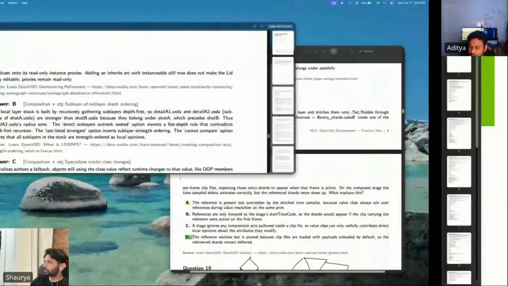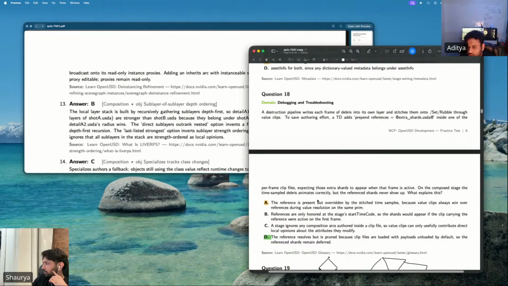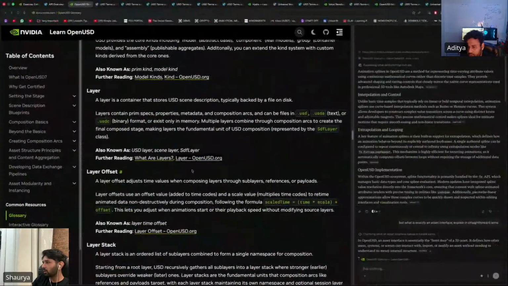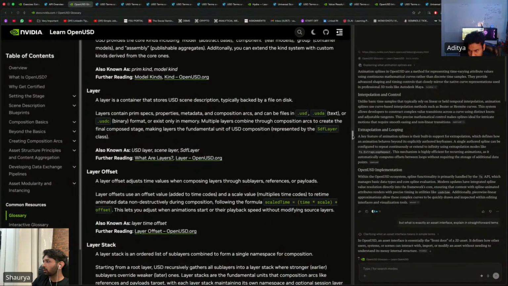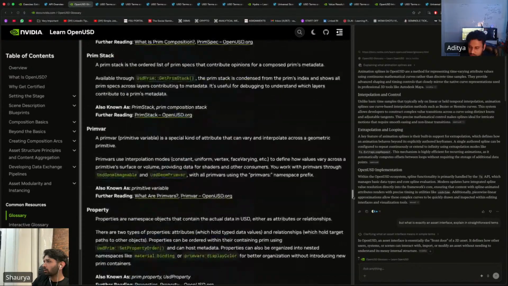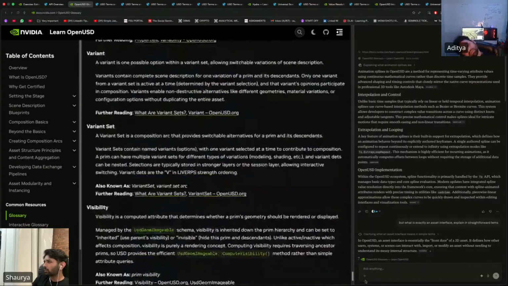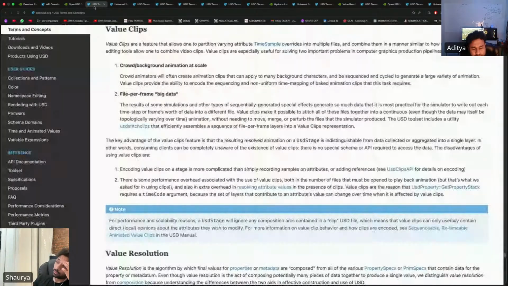It's saying value clips, but it's just pointing at the glossary. Let me see, value clips. There are two sets of documentation for value clips.